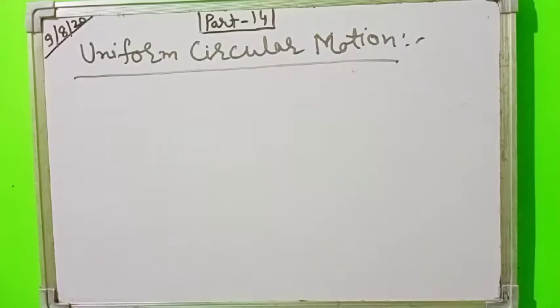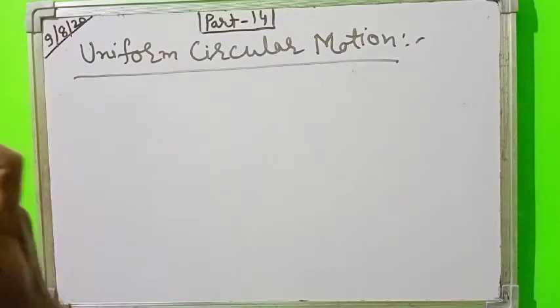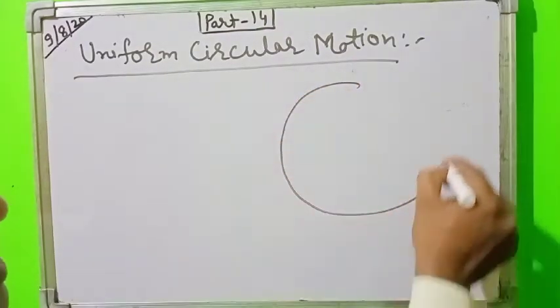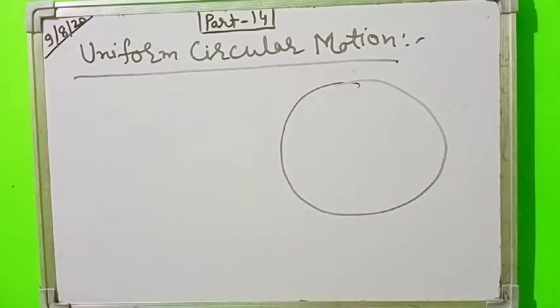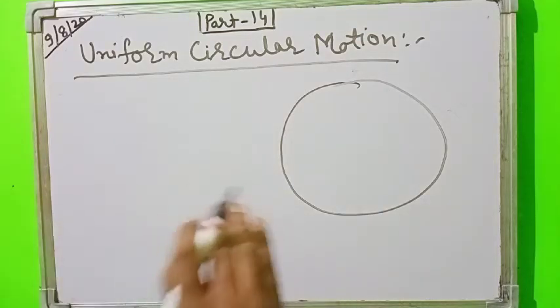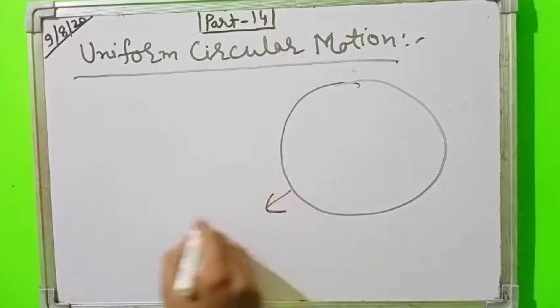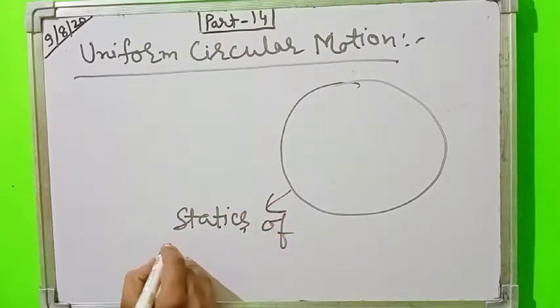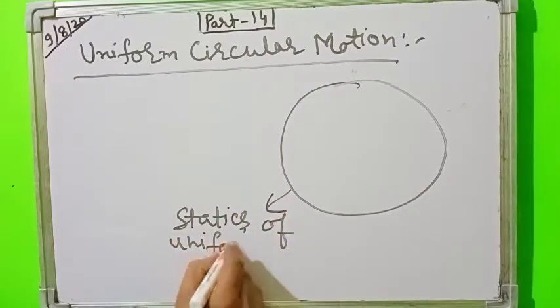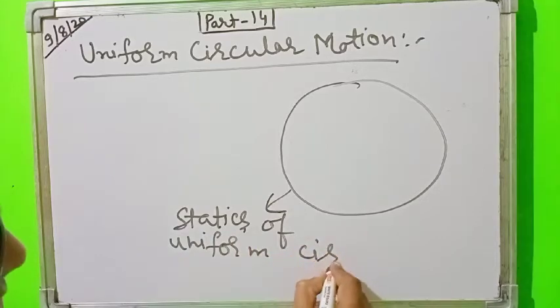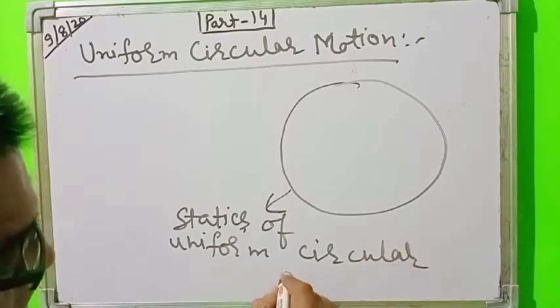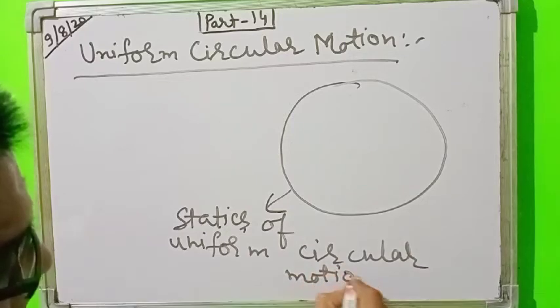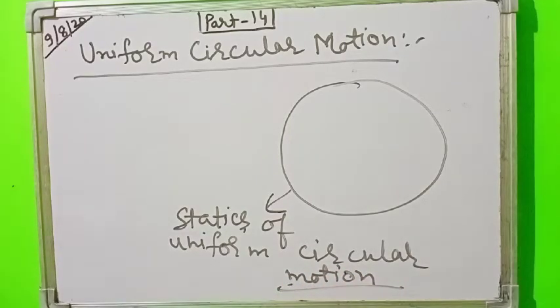As is clear from the name, in this case we will discuss the motion which traverses a circular path. But here we only discuss the statics of uniform circular motion.